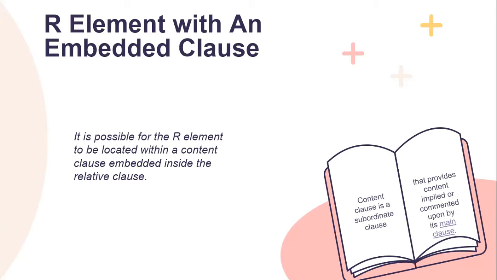If we omit that relative clause, it doesn't change the meaning. So the relative clause here is necessary, because if we omit the clause, it will change the meaning. Okay, next slide.